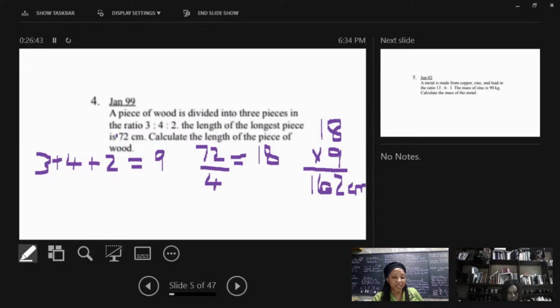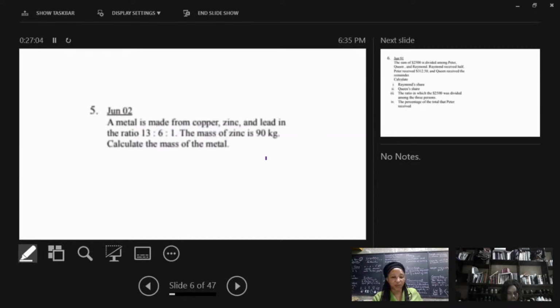Since they give us the longest piece and the ratio that goes with it is 4, we divide 72 by 4 to get the unit value. And we multiply that by the total ratio to get the length of the full piece of wood.